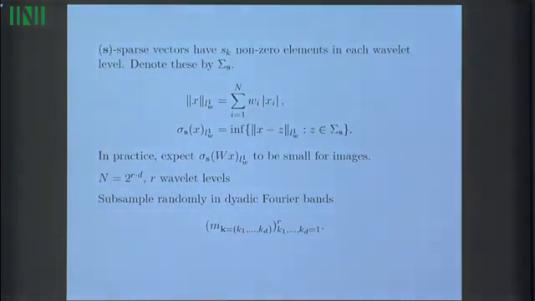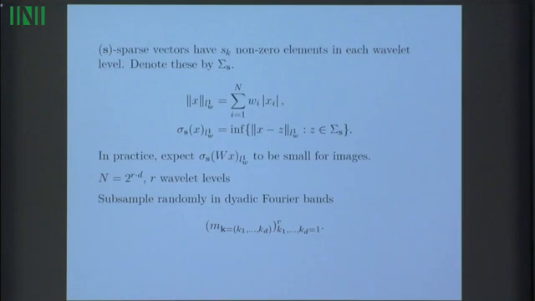So to keep things simple, I'm only going to consider s-sparse vectors. So s is a vector, with s_k non-zero elements in each wavelet level, and I'm going to denote the set of sparse vectors according to this model by Σ_s. So each element in Σ_s only has s_k non-zero entries in each wavelet level. And I'm going to consider this weighted L1 norm, and I'm going to measure distance to sparse vectors using this L1 norm.